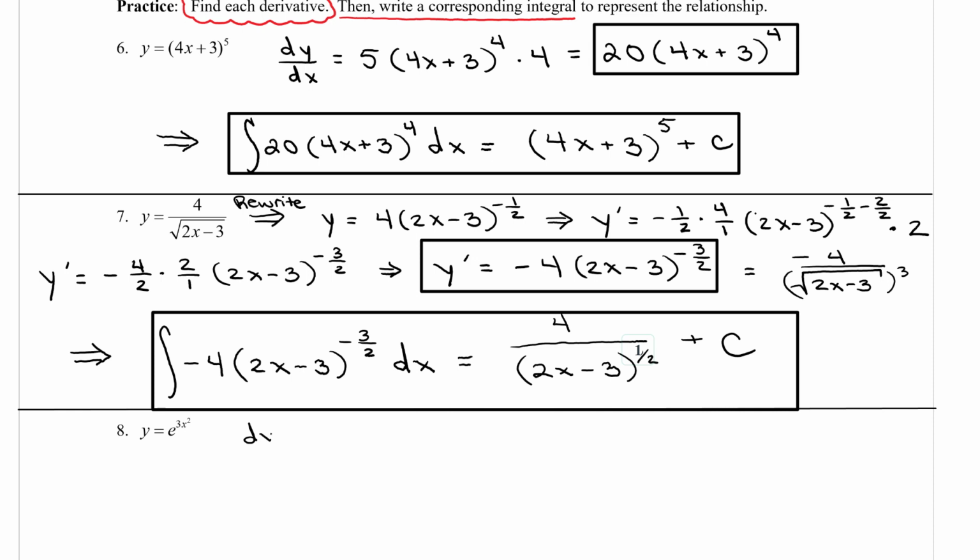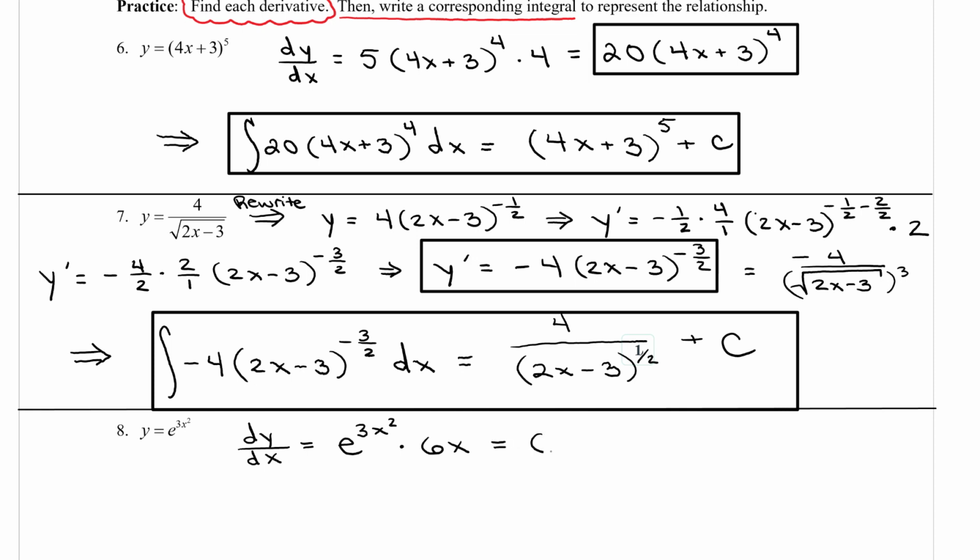I'm going to write this as dy/dx is equal to the derivative of e raised to the 3x squared, which will end up being e raised to the 3x squared times the derivative of the exponent part, which will give me 6x.